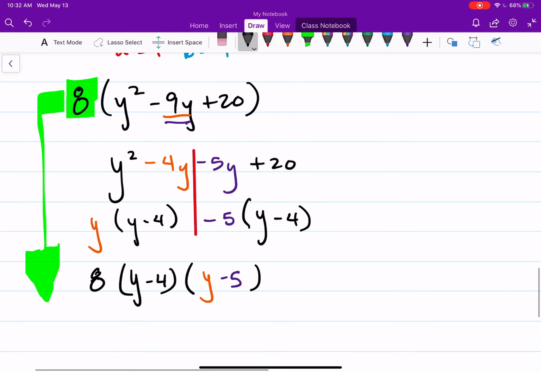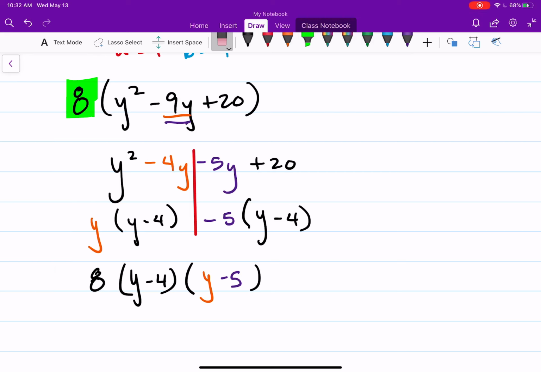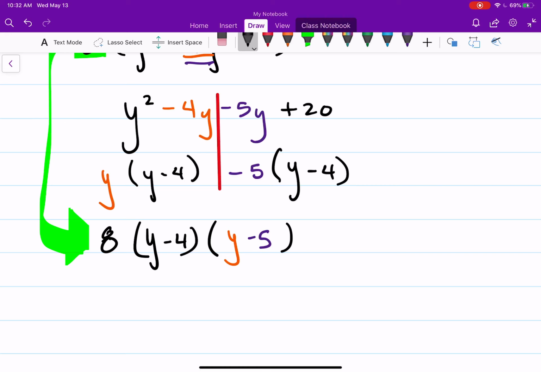So I can take this and put it right there for the 8. Actually, undo. Let's draw it better. The 8 just comes back down. So that would be my answer right there.